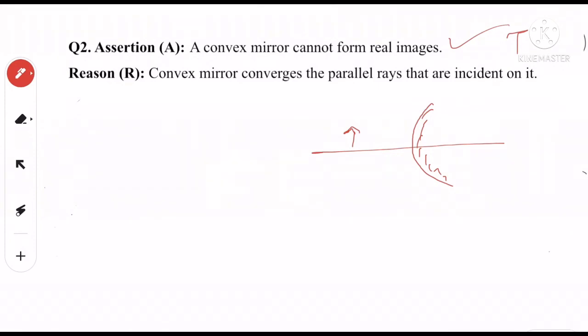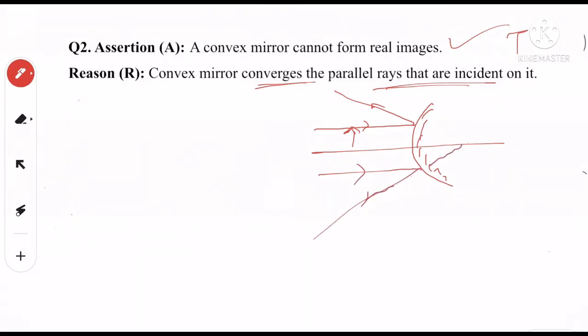Next, reason: convex mirror converges the parallel rays that are incident on it. We know that the convex mirror always diverges the rays in such a way that it seems to be coming from a point which is called the focus.